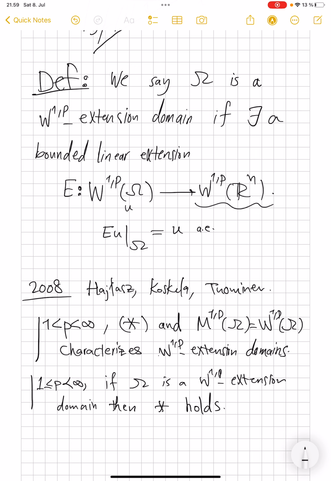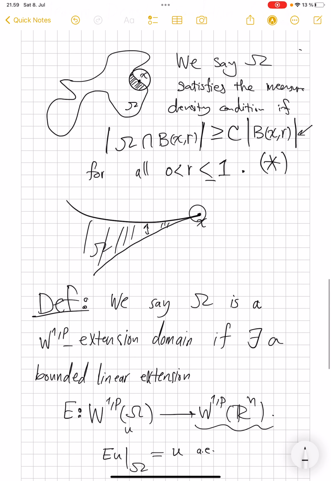Sorry, in this star we forgot to say that x belongs to the closure of omega. So I also said that this is interesting for boundary points, because if you're in the middle, then for a small radius, the whole ball is inside the domain.